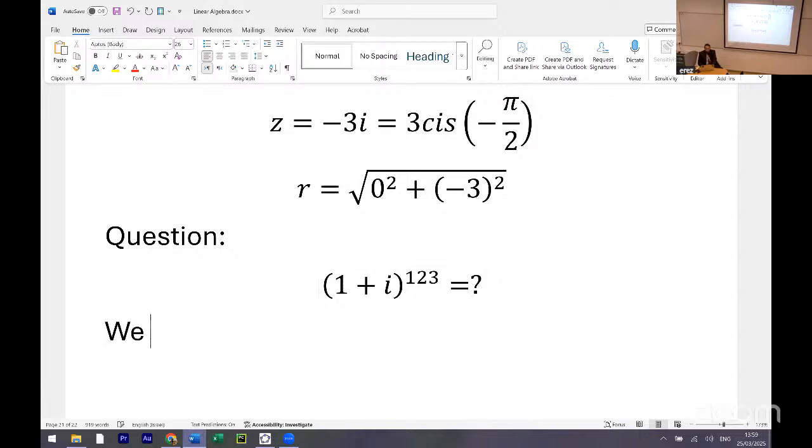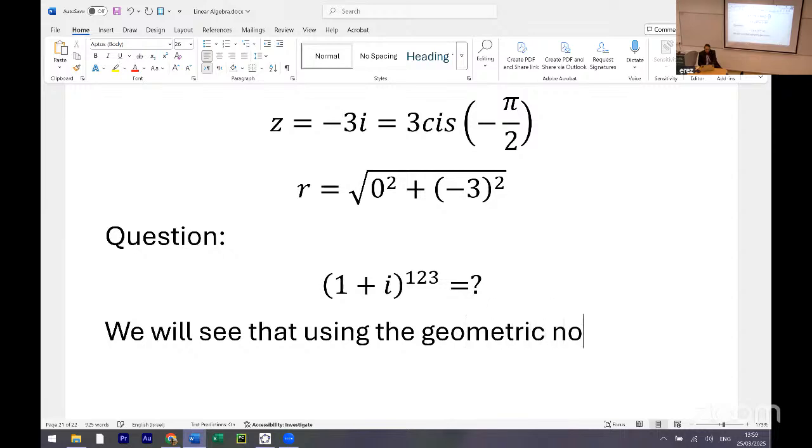We will see that using the geometric notation, the answer will be quite simple.